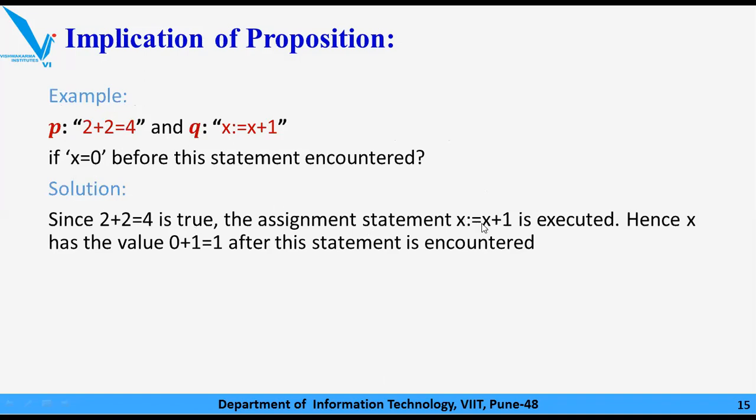The assignment statement X is equal to X plus 1 is executed. It is true, that's why it is executed. Hence X has the value 0 plus 1, as we considered X initially as 0. So 0 plus 1 is equal to 1 after this statement is encountered. So this is what the implication is.